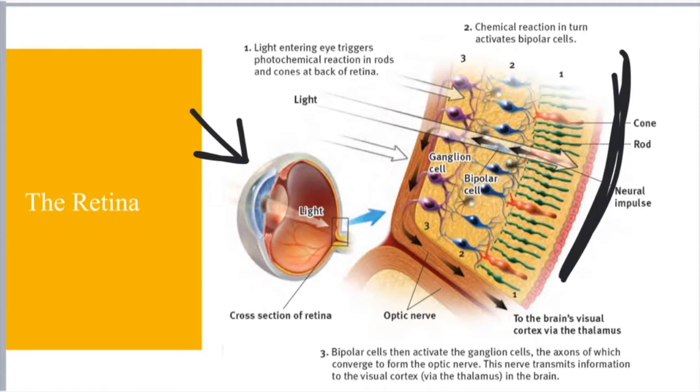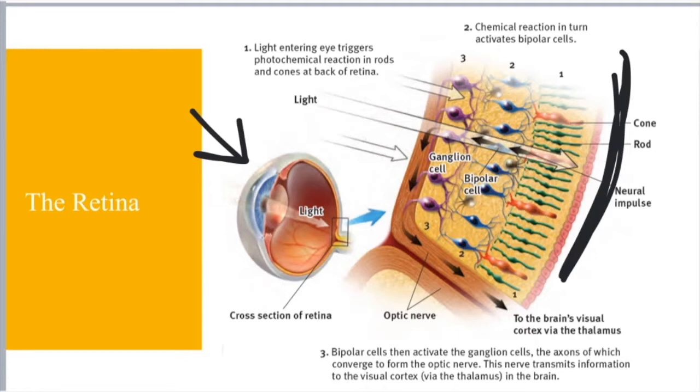But to give just a brief overview, the light enters, goes to the rods, the chemical reaction activates the bipolar cells, and then the bipolar cells activate the ganglion cells, the axons of which converge to form the optic nerve.